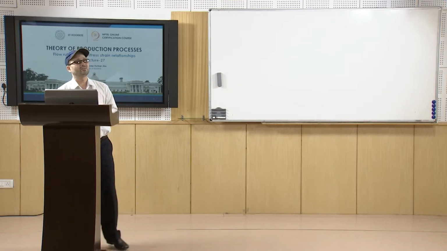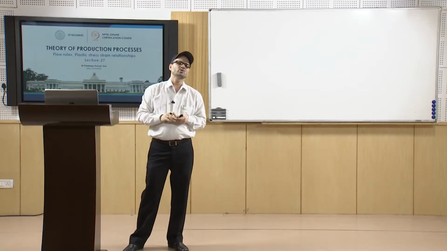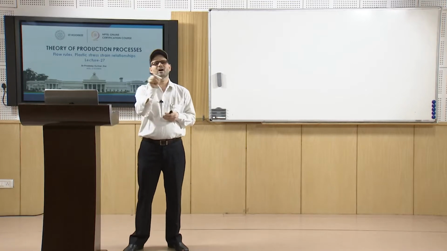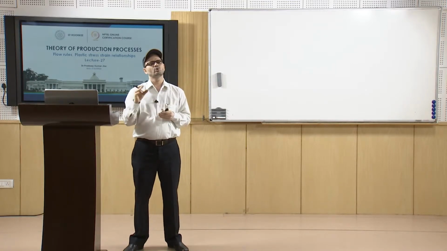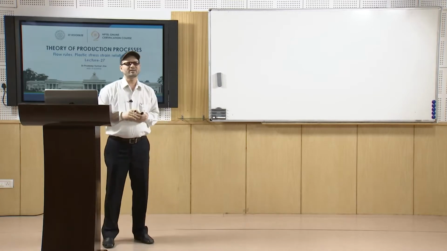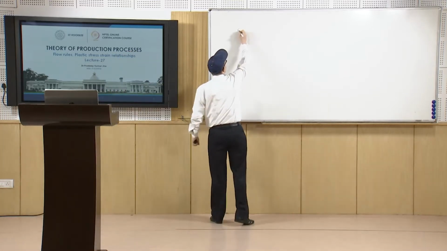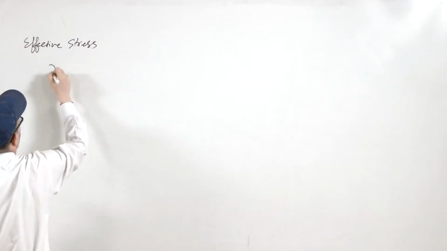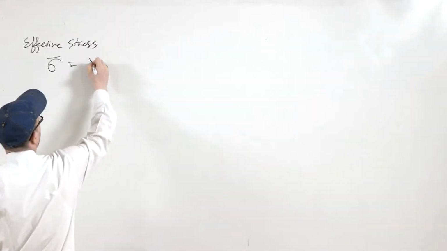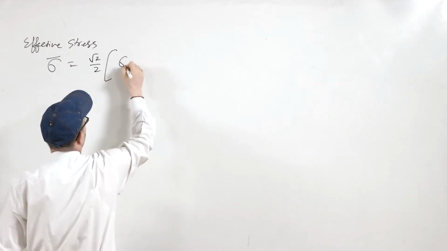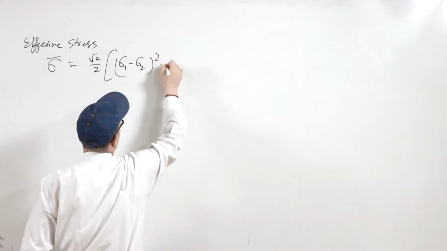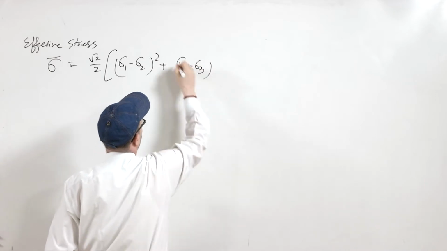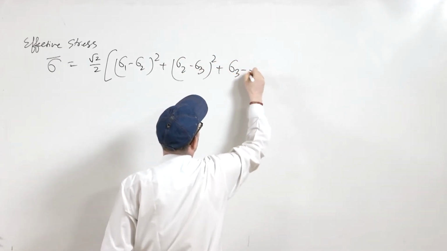Effective stress is represented by sigma bar, and it will be root 2 by 2 times the square root of [(sigma 1 minus sigma 2) square plus (sigma 2 minus sigma 3) square plus (sigma 3 minus sigma 1) square].